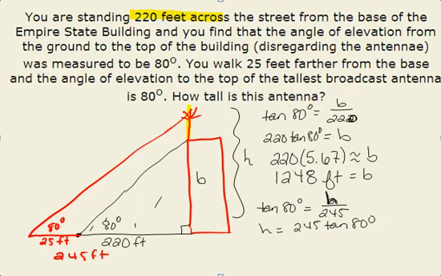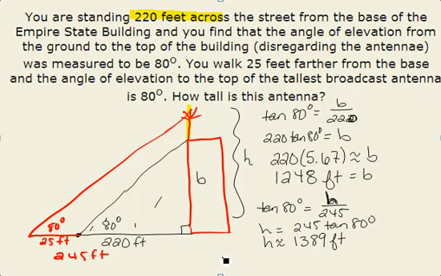Again, finding the tangent of 80 degrees, multiplying that value by 245 gives me H to be approximately 1,389 feet. Again, with rounding, you might get something slightly different.